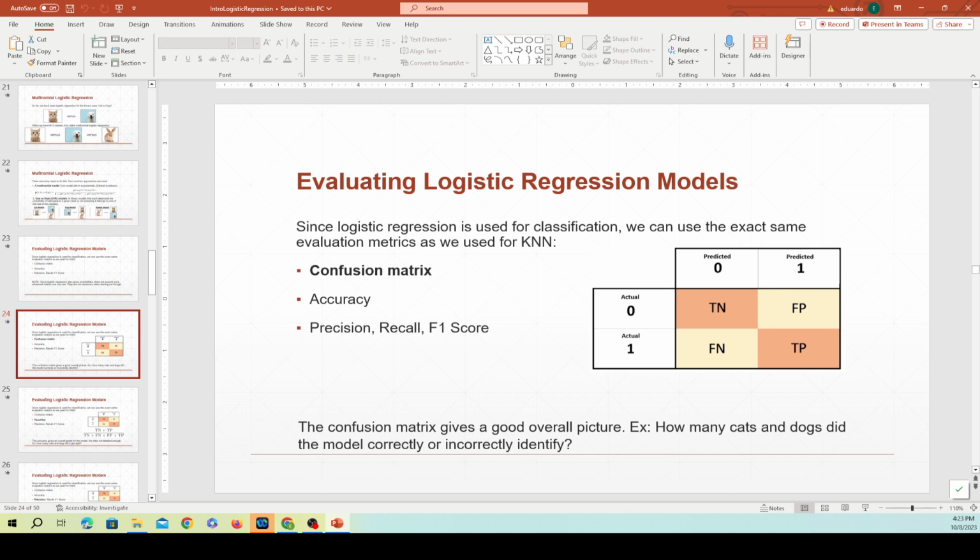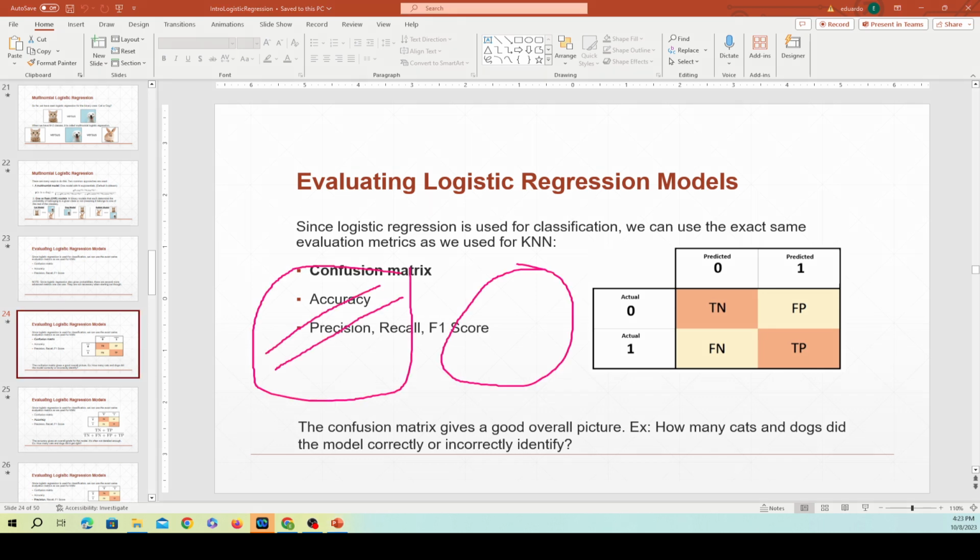Here we have our predicted value. This is a true negative, this is a false negative, and a true positive, meaning that only these were the correct answers.